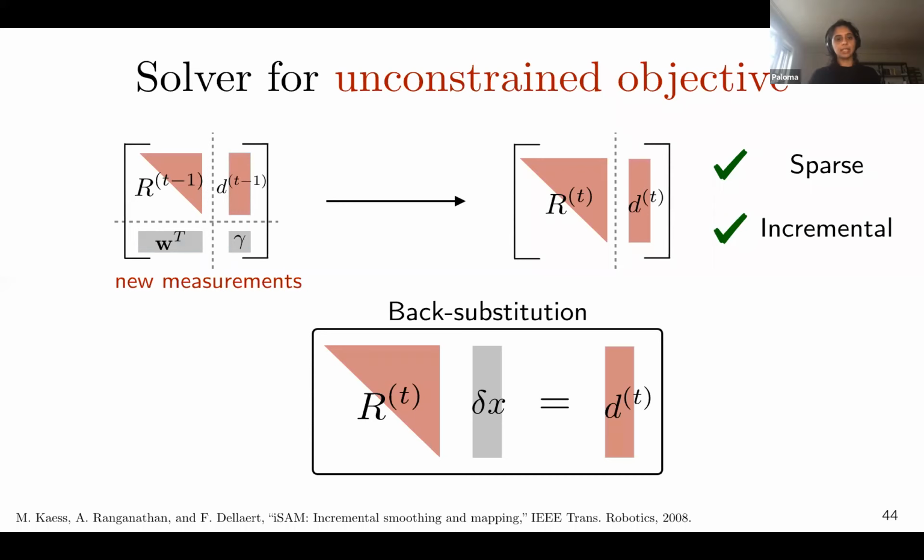So the key insight behind the incremental solver iSAM that we will use is that as new measurements come in, we can directly update the R matrix R_t from the R matrix from the previous time step, that is R_(t-1). And this avoids having to factorize the full A matrix from scratch.